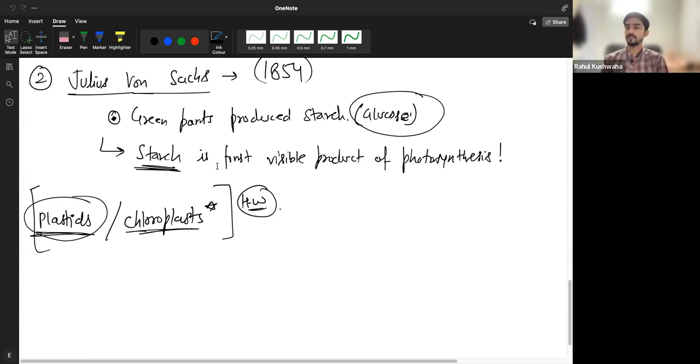Now, what was left to figure out? The fact that water is also used and CO2 is used, and oxygen from CO2 is used, not from water, was then proved by Cornelius van Niel. So that should be the third experiment that we have already discussed.